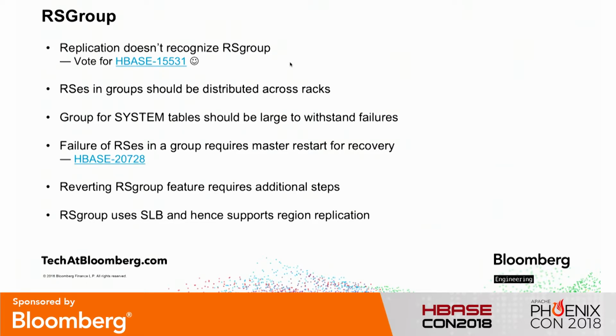There was a question because we leverage region replication, and it requires that you have the stochastic load balancer. But since region server groups in turn use the default load balancer, we found out that it supports region replication indirectly as well. So these are some of the things we figured out.